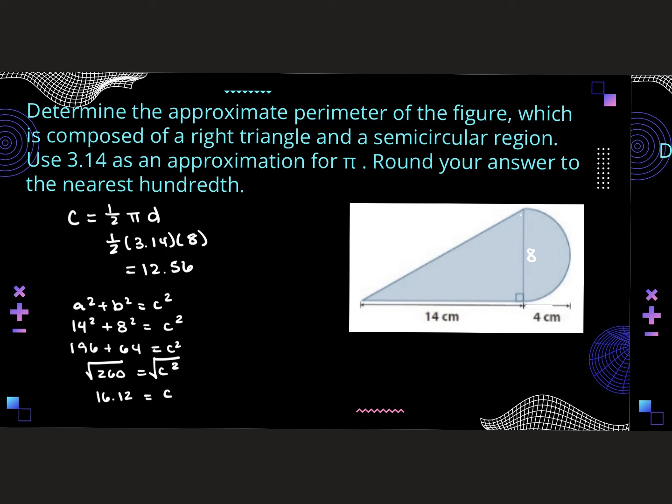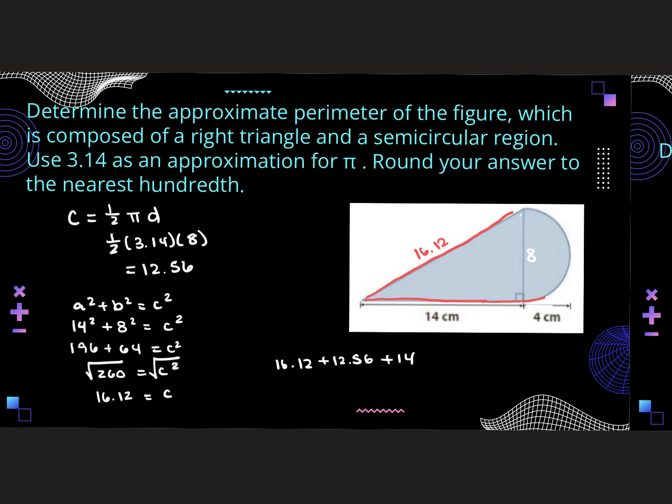All right. So now we're just going to add that up. So we have 16.12 plus 12.56 plus 14. So remember, we have to include that 14 because the 16.12 represents this side. So we're looking for the perimeter.